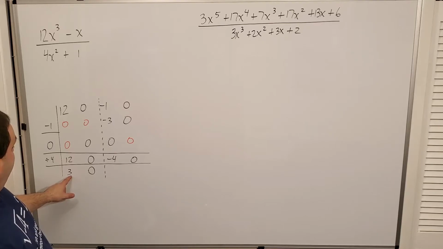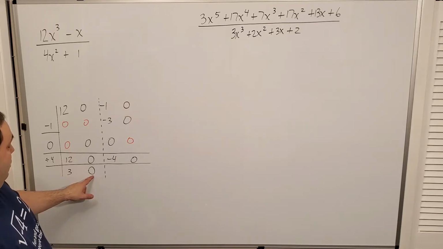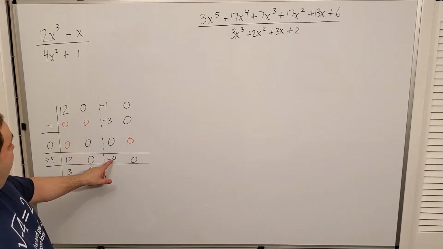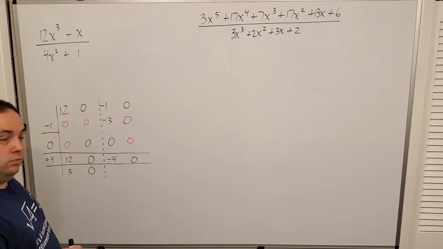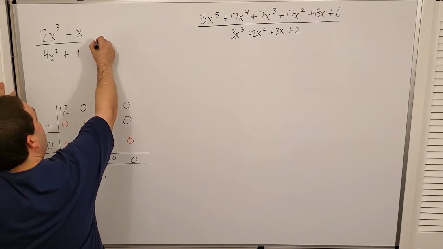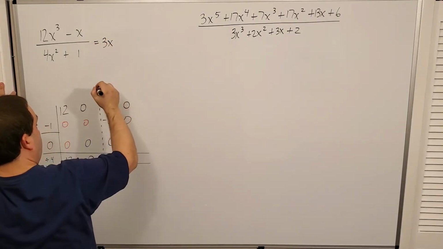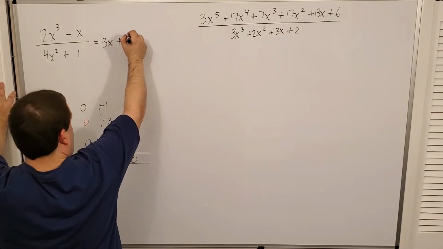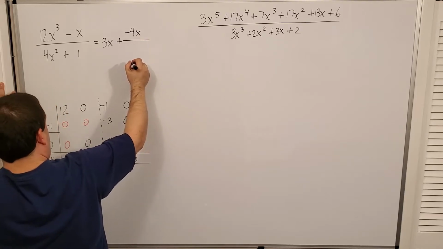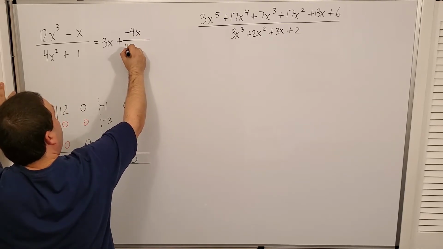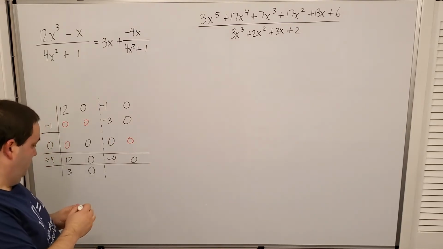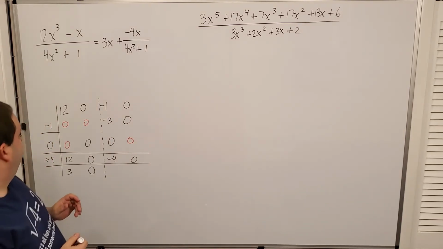I just have a 3 and no number, so that's 3x. And then I've got negative 4 over the original divisor here. Okay, so I've got that this is equal to 3x plus negative 4x over 4x squared plus 1, like that. Okay?